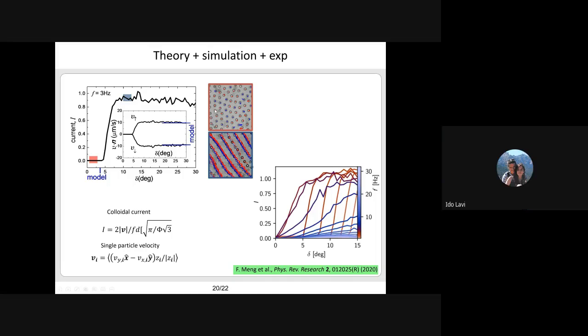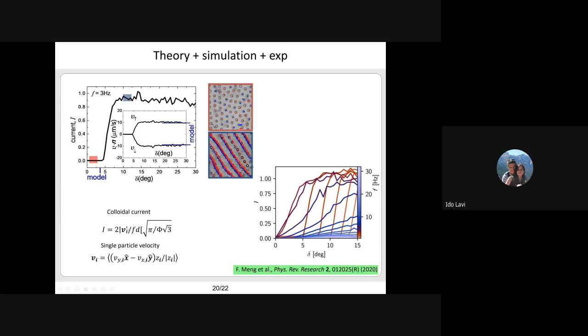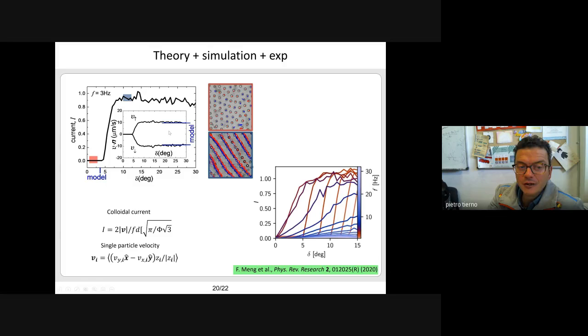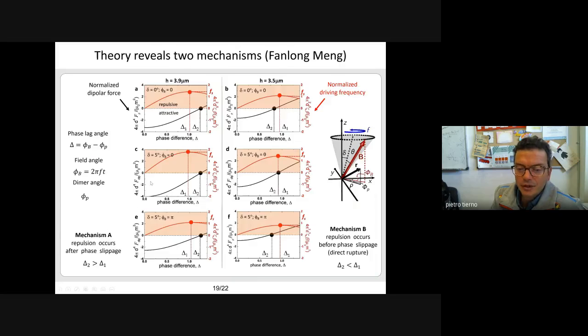We don't have an analytical expression for E as a function of delta. But you have an analytical expression for the speed of the current, I saw. For the final speed, we have an analytical expression, but independent of delta, basically. This we have in the model.